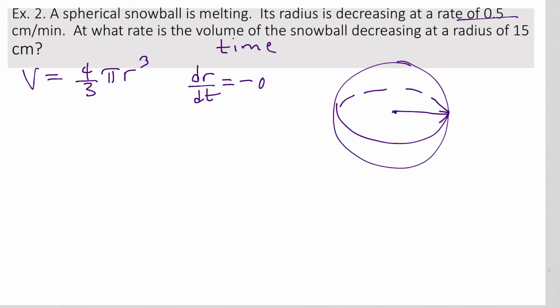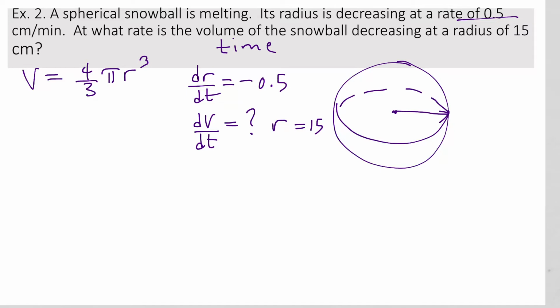So negative 0.5 is the rate of change of the radius with respect to time. So we're interested in finding the rate of change in the volume with respect to time, at that instant when the radius, r, is 15 centimeters.